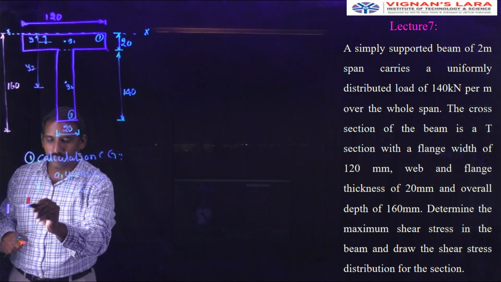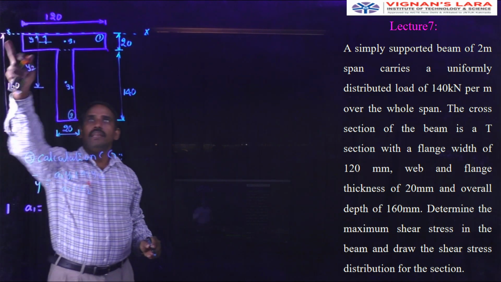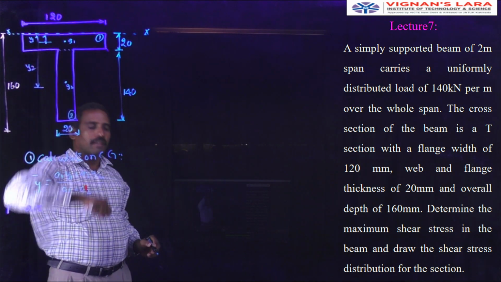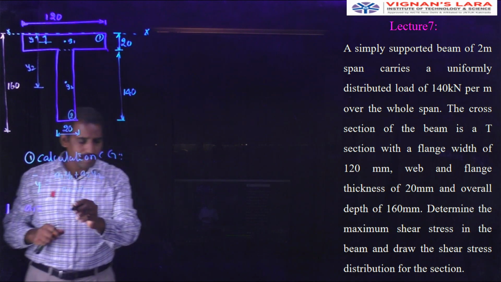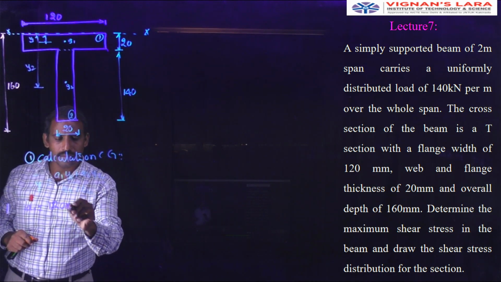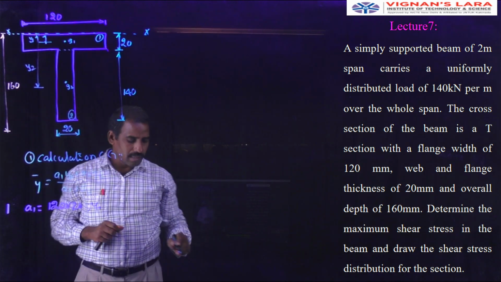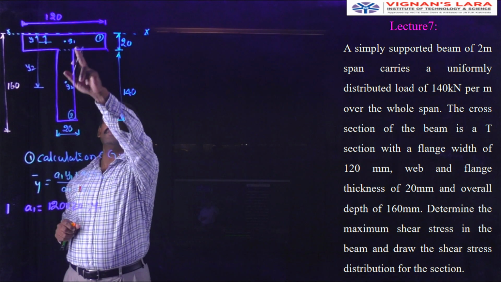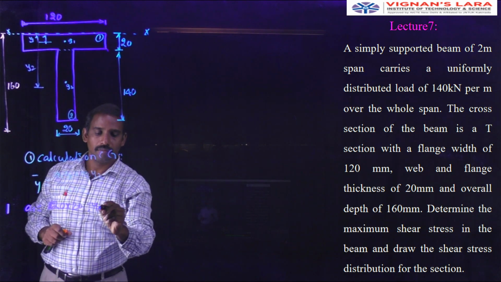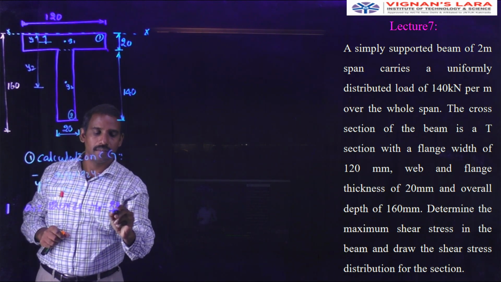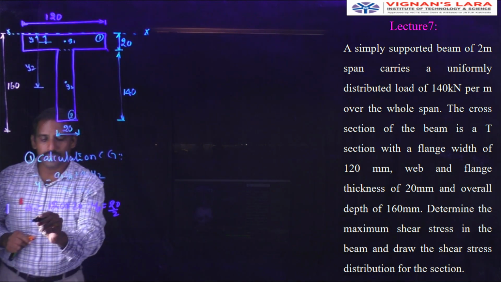A1 is equal to the area of the flange, that is the rectangle of dimensions 120 into 20. Y1 is very simple, equal to 20 by 2, which is 10.